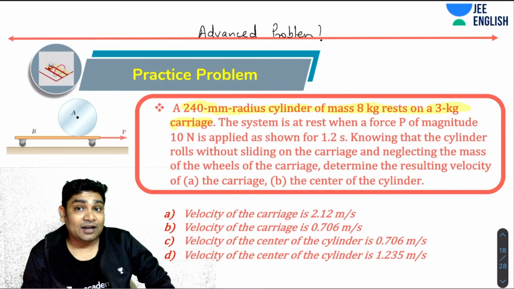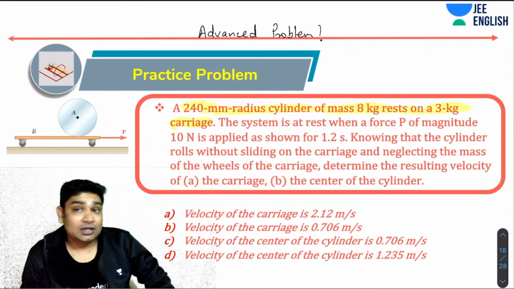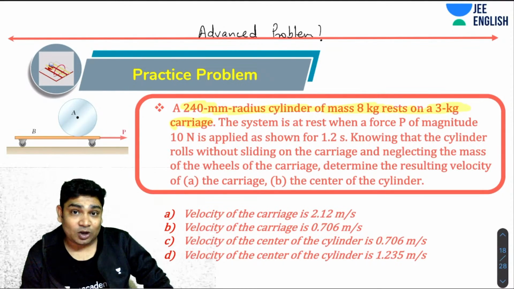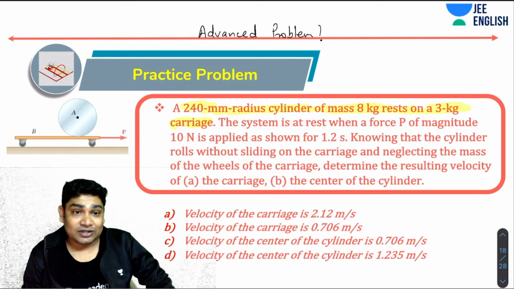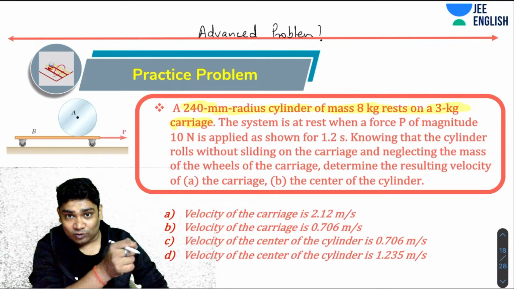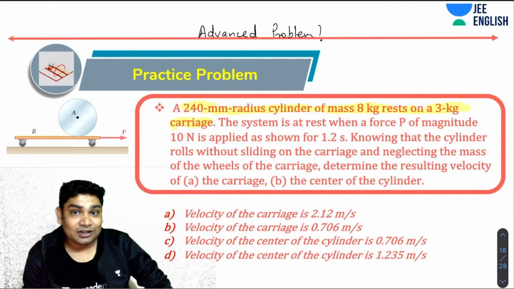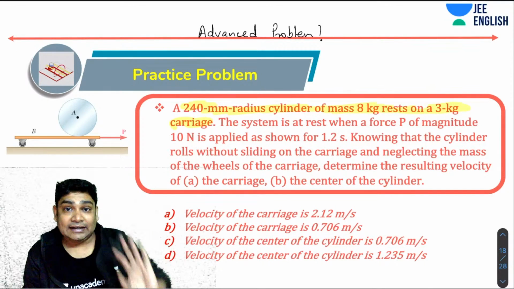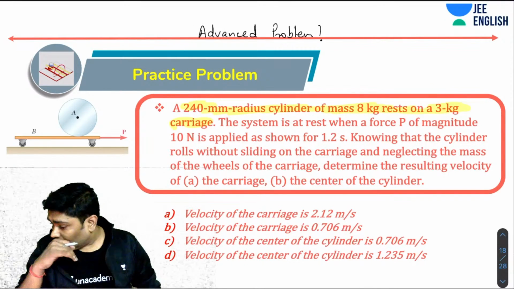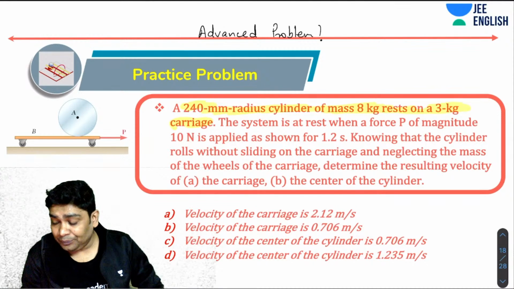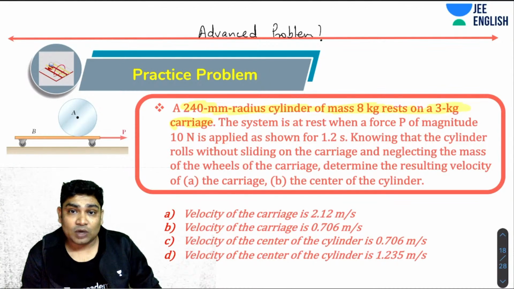Knowing that the cylinder rolls without sliding on the carriage, neglecting the mass of the wheels of the carriage, determine the resultant velocities of the carriage and the center of the cylinder. What will the final velocities be after this motion, if this force is applied for 1.2 seconds and then released? This is what has been asked.